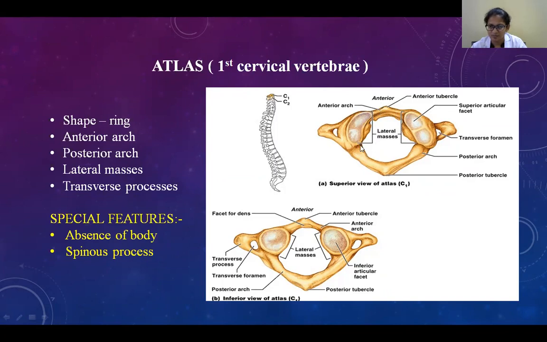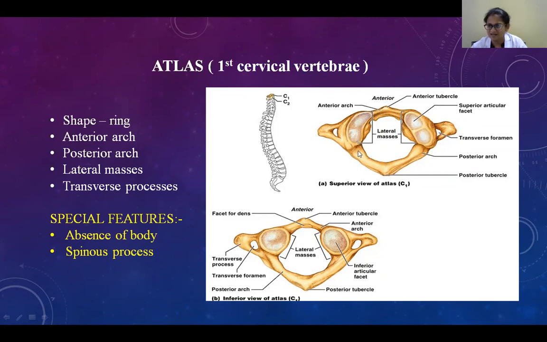Next, coming to the posterior arch. This posterior arch forms 2/5 of the ring of the atlas. This is the posterior arch. Again, this posterior arch also has an anterior surface, posterior surface, upper surface, lower surface, and anterior and posterior borders.